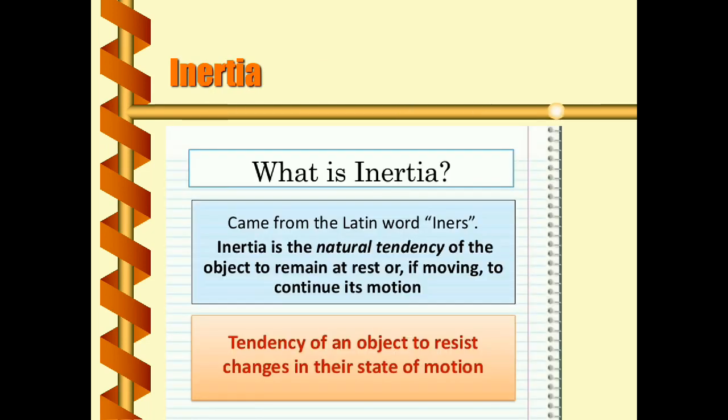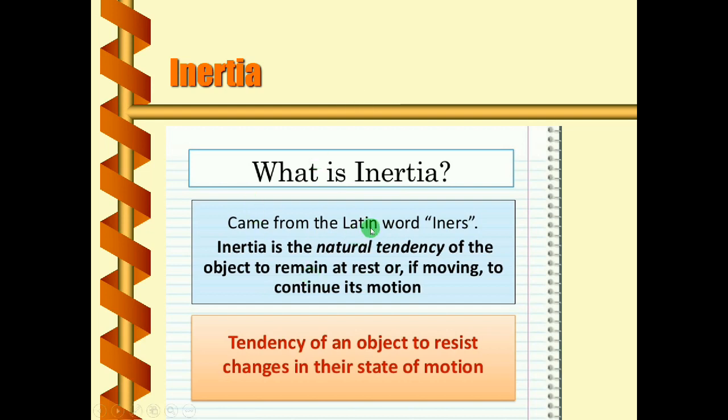Now the second term that comes here is moment of inertia, to study rotational motion. First you have to know what you mean by inertia. Inertia is the term which shows that the body has a natural tendency to maintain its state of rest or its state of motion.